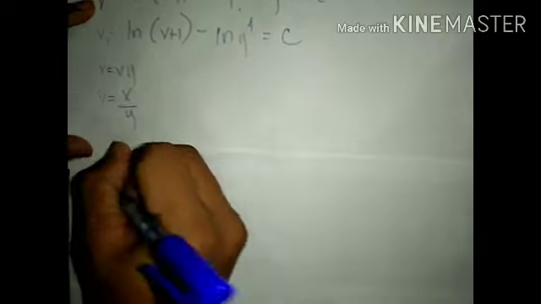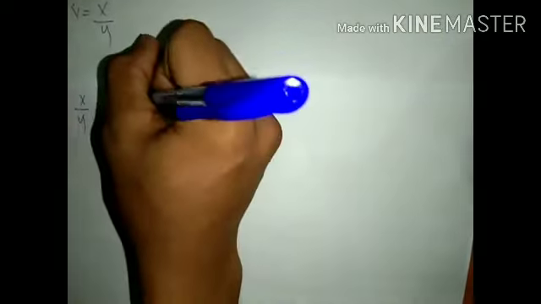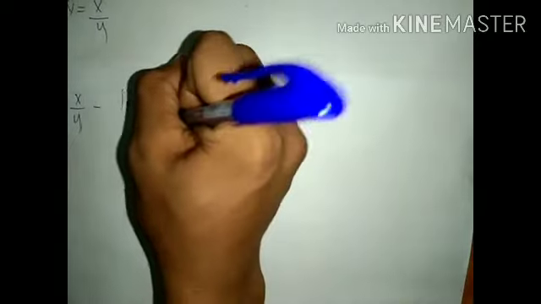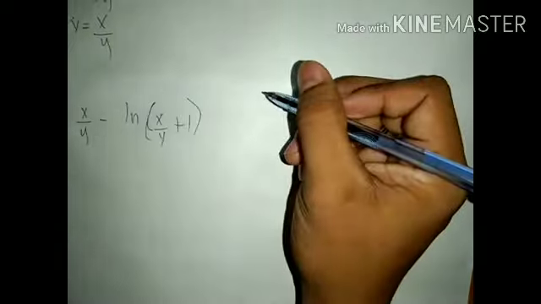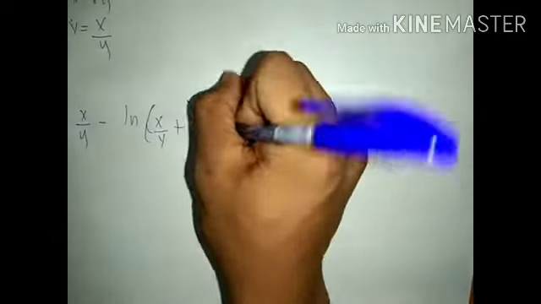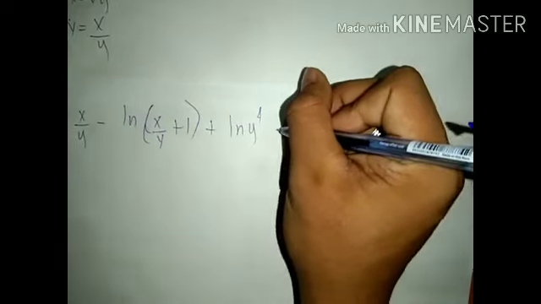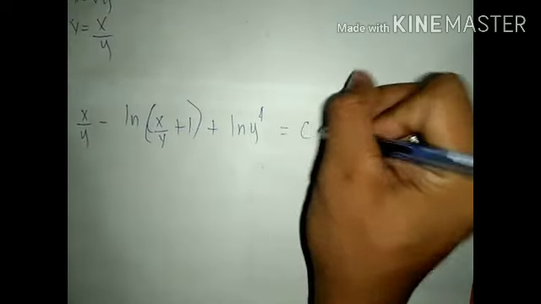So substitute na to ang v na to kay x over y minus ln x over y plus 1 plus ln y over 4 is equals to c.